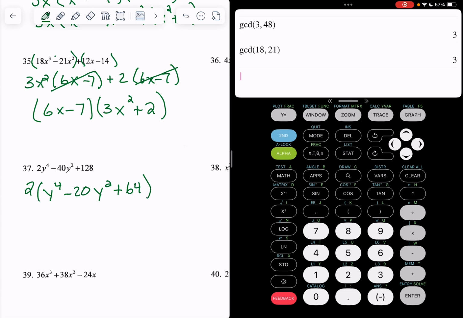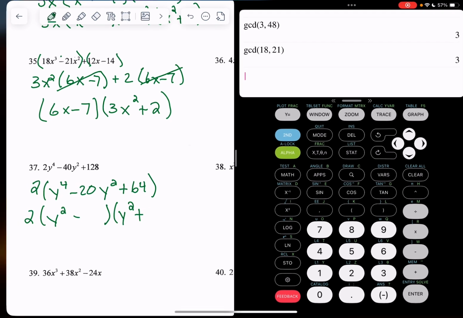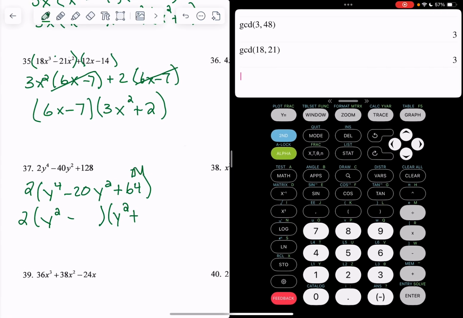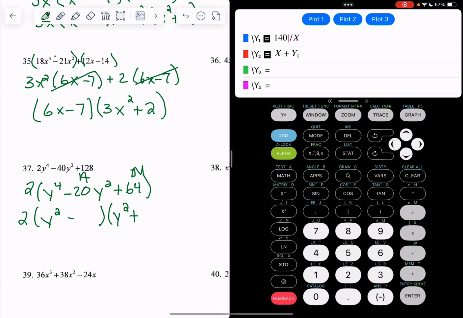Okay? So now we have a trinomial. We're going to make that y squared and y squared. We have a negative and a positive. So we need 2 numbers that multiply, because it's not a rainbow, and add up to be negative 10. So again, I'm going to go back to my calculator.